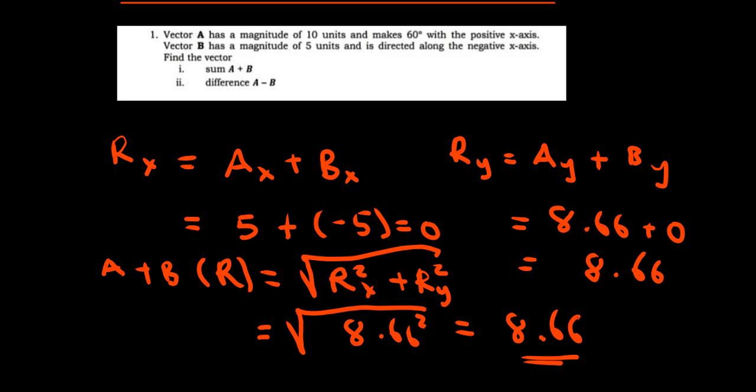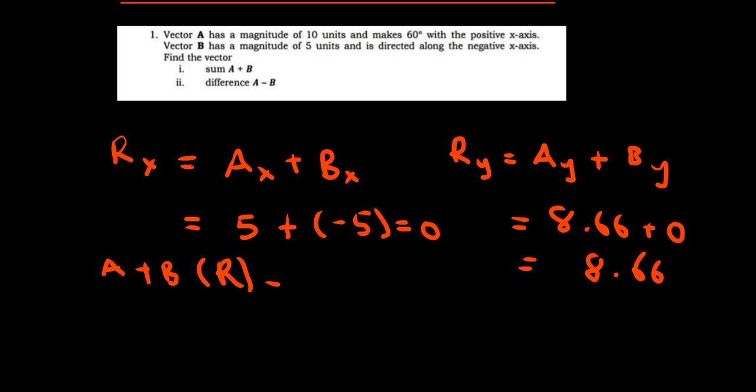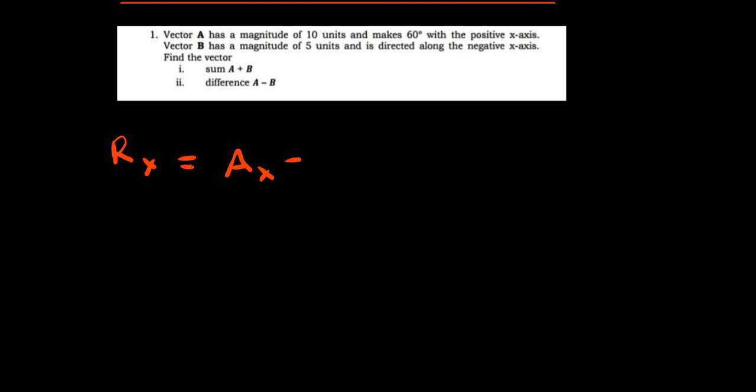So now how do we find the next part of the question? The next part of the question tells us to find the difference. So that's a minus b. How do we find that difference there? So let me erase this part. Okay, so we are finding the difference a minus b.